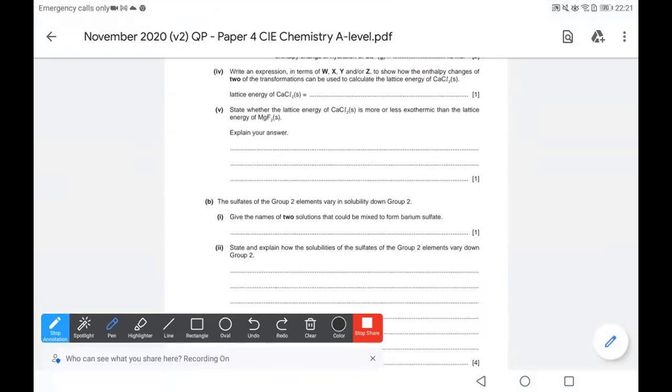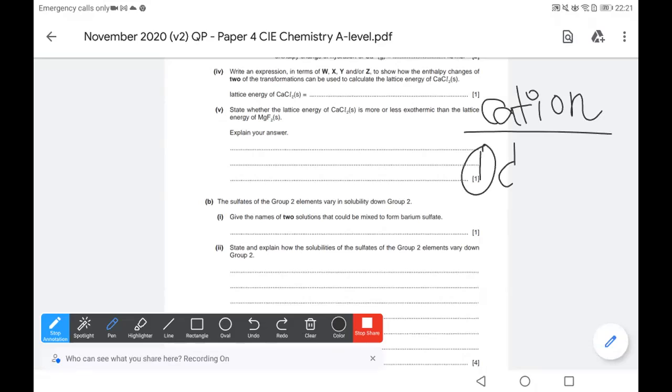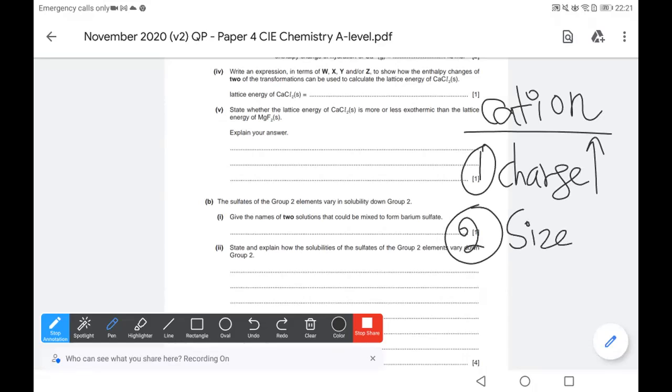We always try to go with the cation; if the cation is the same, we can go to the anion. Otherwise, the cation always has more power. Higher the charge, higher the charge density. If the charge is the same, go to radius or size. Lesser the size, higher the charge density.